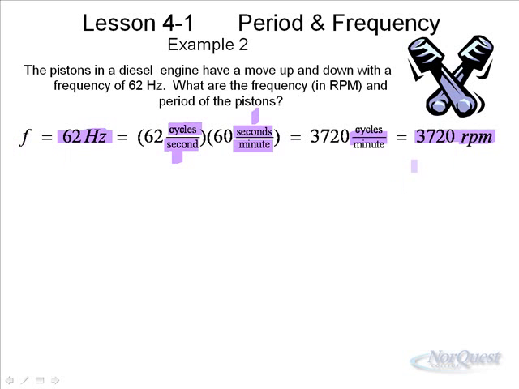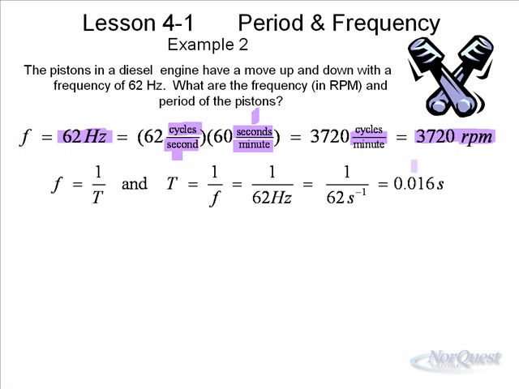Now to find the period of this, of course, we know that the frequency is equal to 1 over T, or in other words, the inverse of the period, and the period is equal to the inverse of the frequency. So if we go back to our 62 hertz, 1 over 62 gives you 0.016.